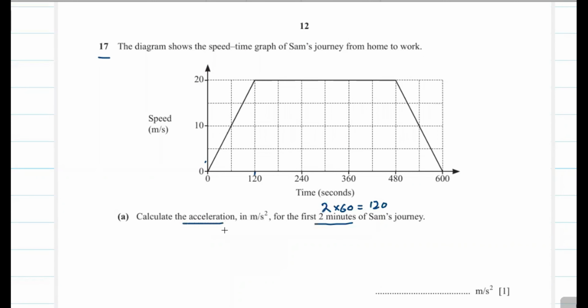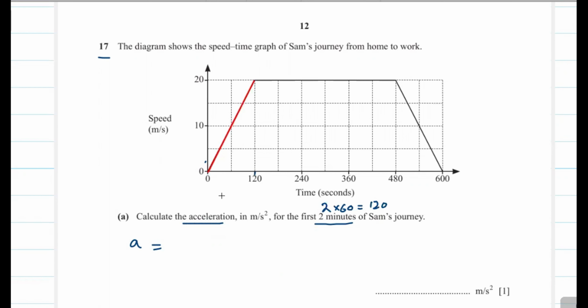Now the acceleration will be equal to the gradient of the speed time graph in the interval of 120 seconds. This graph shows a straight line.